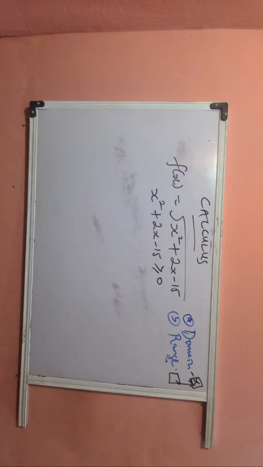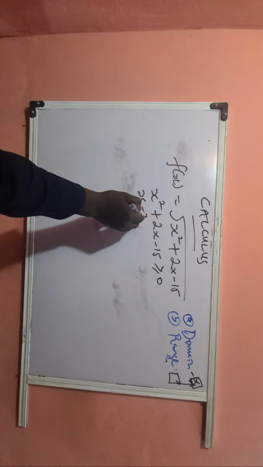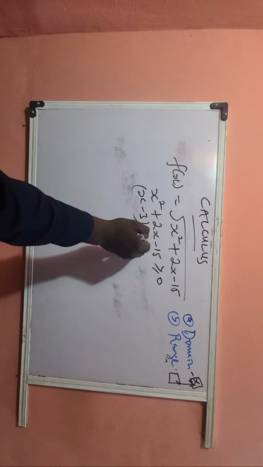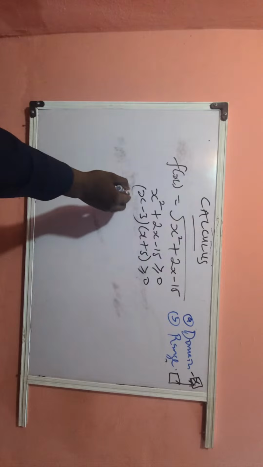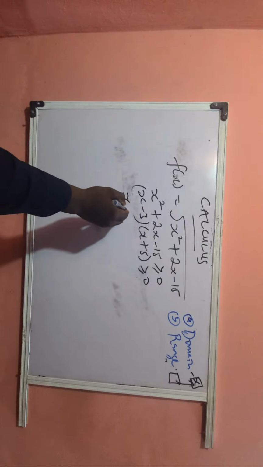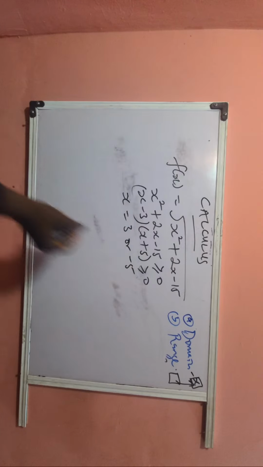If you go on from here, you would be able to identify that when you decide to solve this using factorization, you should arrive at (x minus 3)(x plus 5) greater than or equal to 0. Obviously, here we get our x being equal to 3 or minus 5.